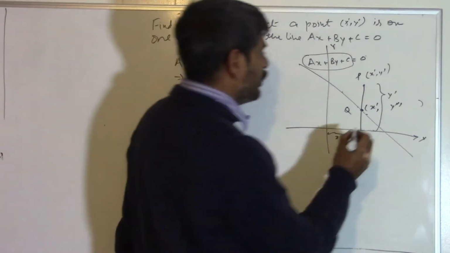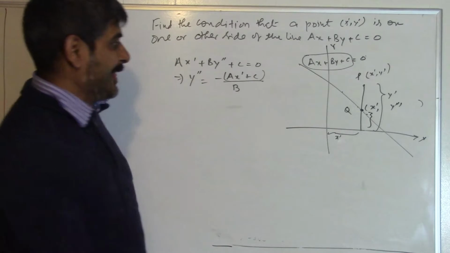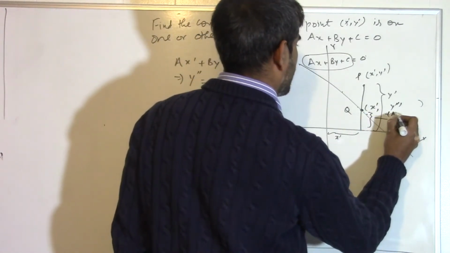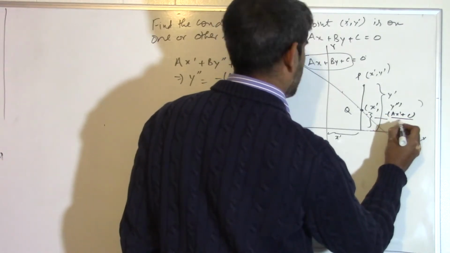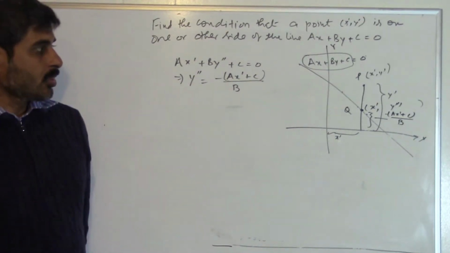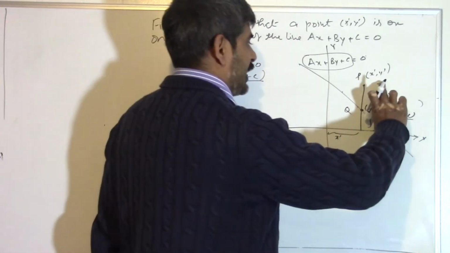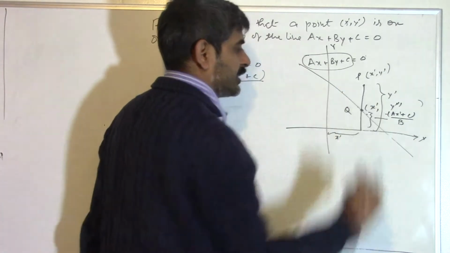What does that mean? We have found this length. This length is minus (ax dash plus c) divided by b. Now we know this length and we know this length.